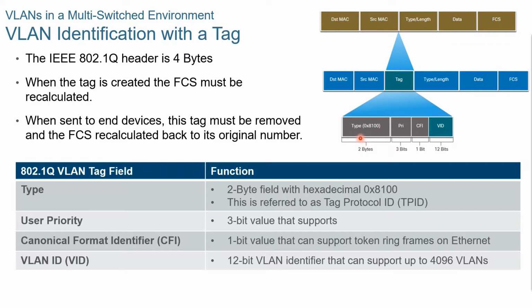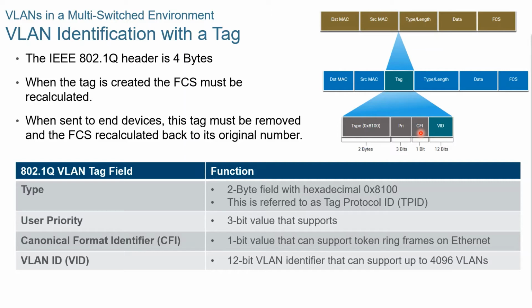Type is a 2-byte value called the tag protocol ID, or TPID. For Ethernet, it is set to hexadecimal 0x8100. The next one is the user priority, or PRI. This is a 3-bit value that supports level or service implementation. The next field is the canonical format identifier, or the CFI.